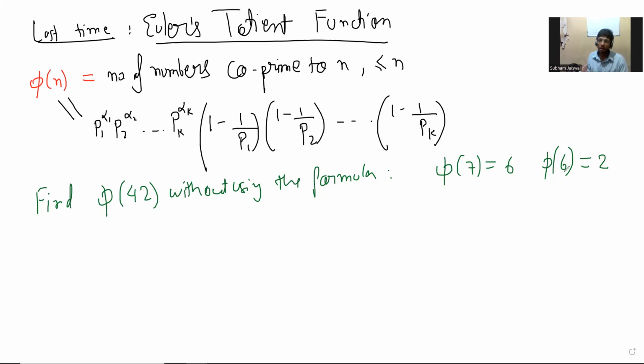Oh, sorry. Phi of 6 is no. So certainly not, because 1 and 5 are there. Yeah. Phi of 6 is 2.